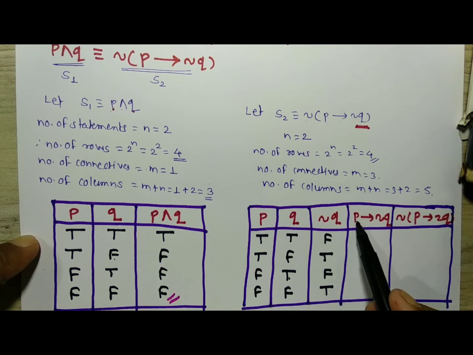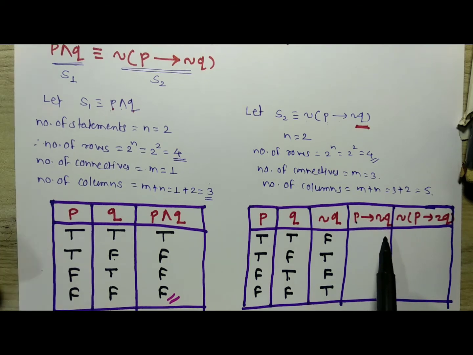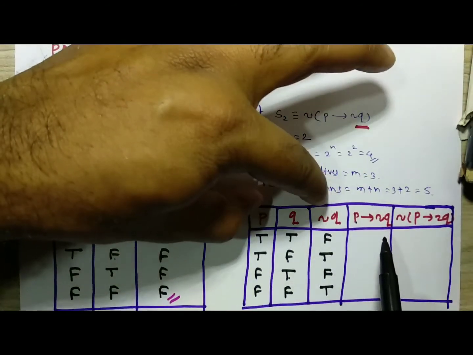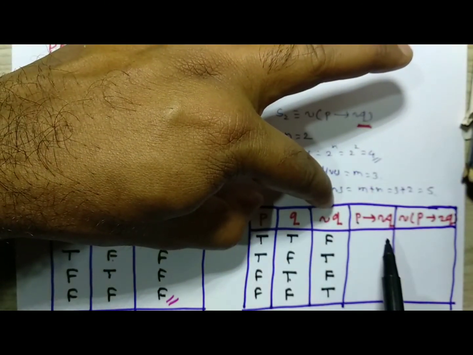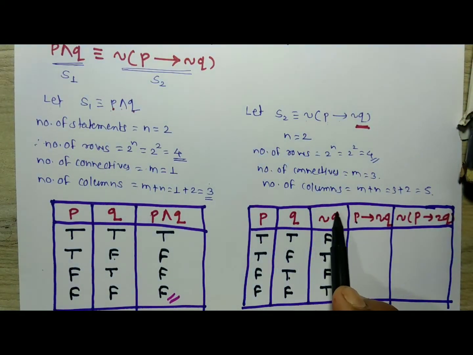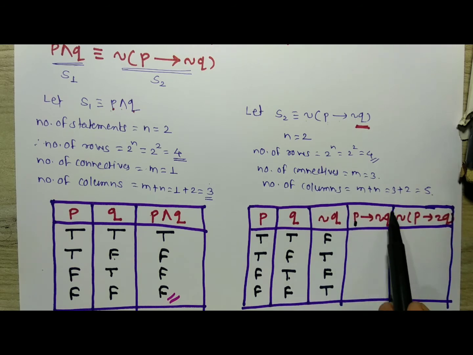Then we go with P implies negation Q. That means our 2 columns are the first column P and the second column negation of Q. By using these 2 columns, we know that implication says that if the first statement is true, that means P is true, and negation Q is false, then it is false.